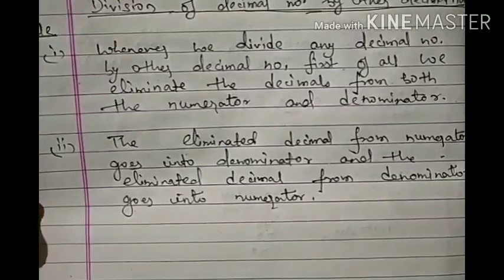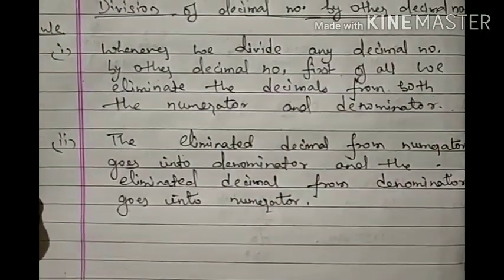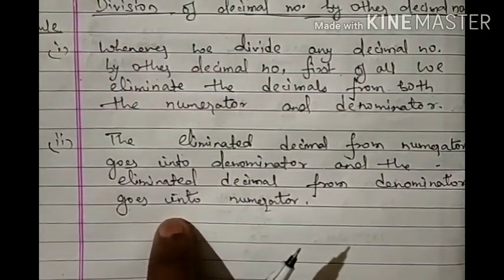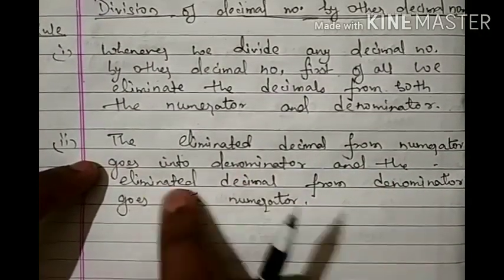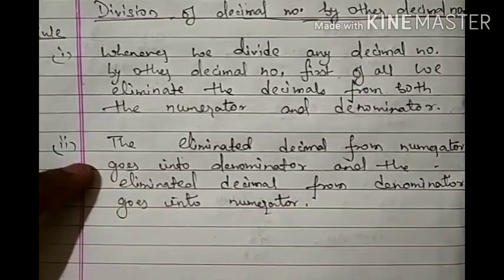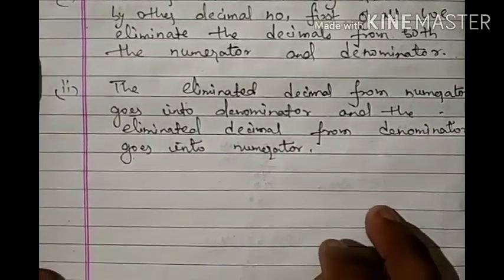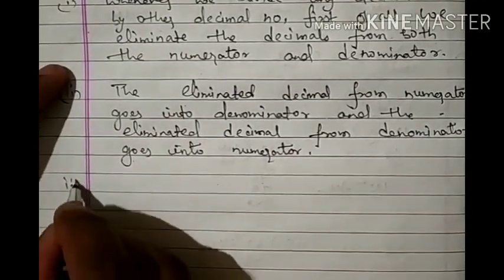This is our second point. Whenever we eliminate decimal from numerator, it goes into denominator, and whenever we eliminate decimal from denominator, it goes into numerator. Now let's move on to the third point.